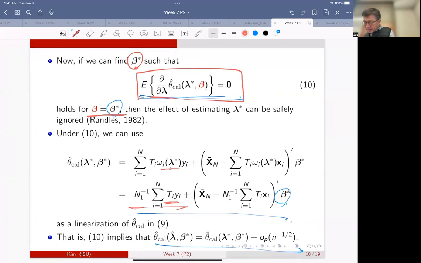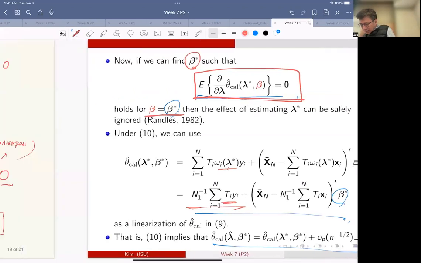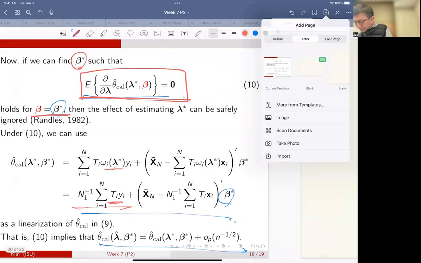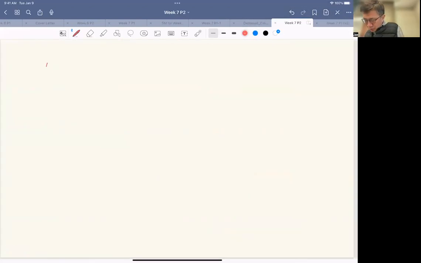So basically, beta star is the solution to this. Here's the logic, right? Originally this is what you are interested in, doing the Taylor expansion.